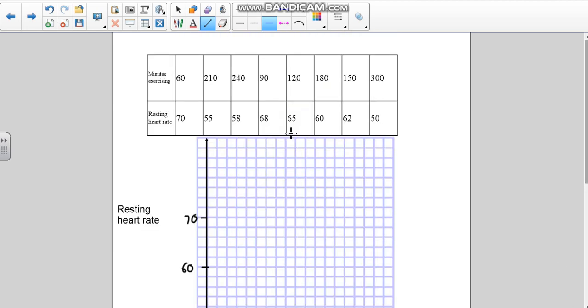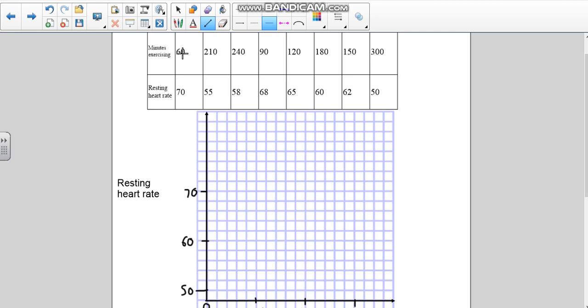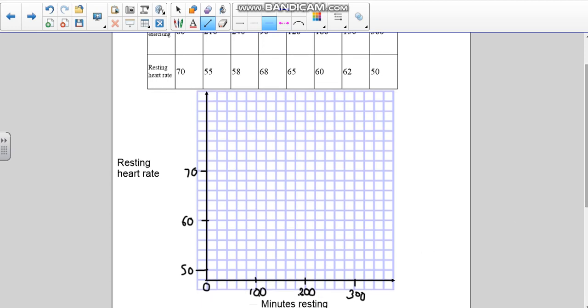So question 2, we're looking at minutes exercising against resting heart rate. So again, minutes exercising is the top row of the table, so that should go along the x-axis. And again, I've labelled it here, and resting heart rate should go up the side, and again, I've got a label there.